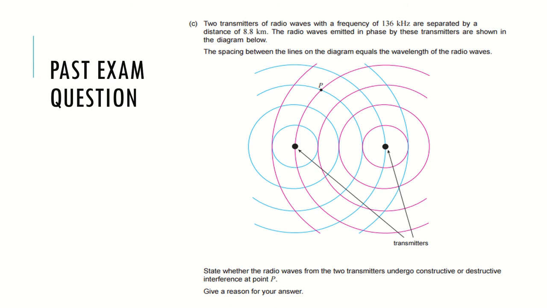State whether the radio waves from the 2 transmitters undergo constructive or destructive interference at point P. So if we first look at the one on the left, it's travelled 1 wavelength, 2 wavelengths, 3 wavelengths to point P. And if we look at this one here, it's travelled 1, 2, 3, 4. So if this has travelled 3 wavelengths and this has travelled 4 wavelengths, the path difference between the 2 sources to point P is 1 wavelength.